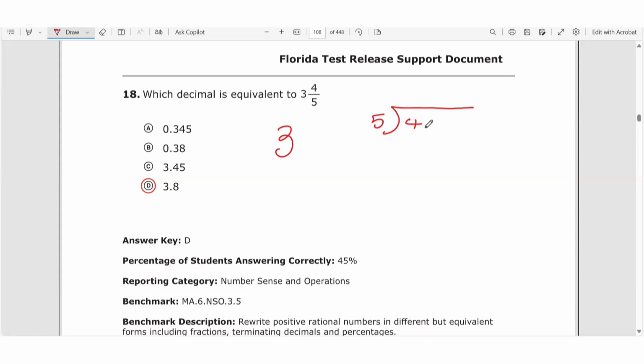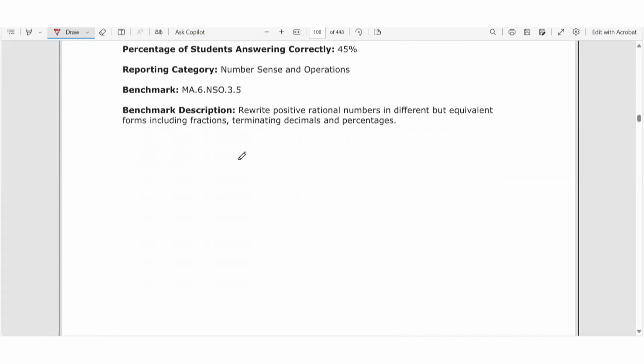Can 5 go into 4? We can't. So we're going to put the decimal point and the placeholder. So if we say 5 into 40, that's 8. 8 times 5 is 40. And we could see when we subtract, we're good. But this decimal point here has to be pushed up right there. So what we're looking at is 0.8 being attached to this. So we're looking for 3.8, and that is the answer to that question right there.